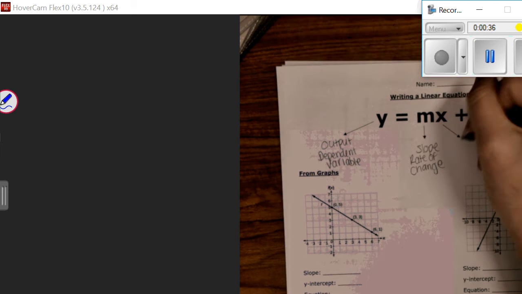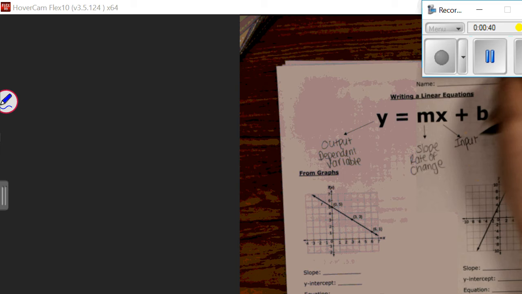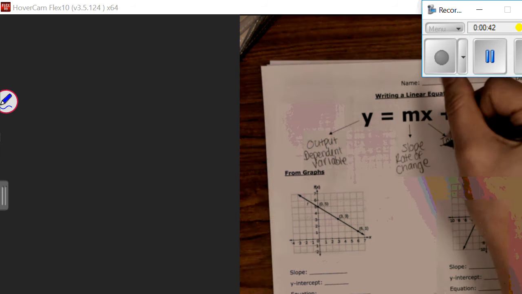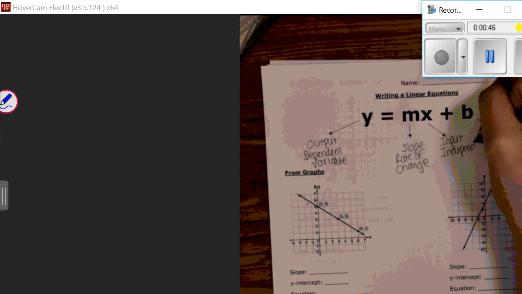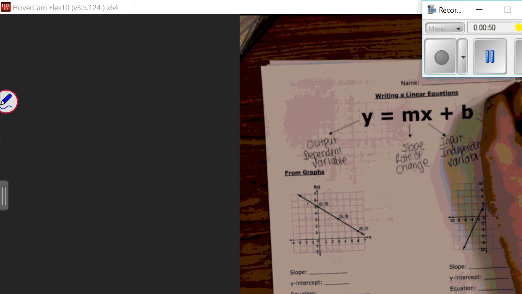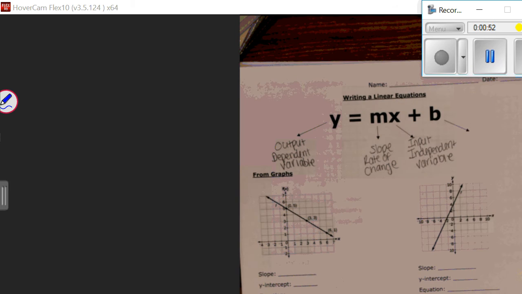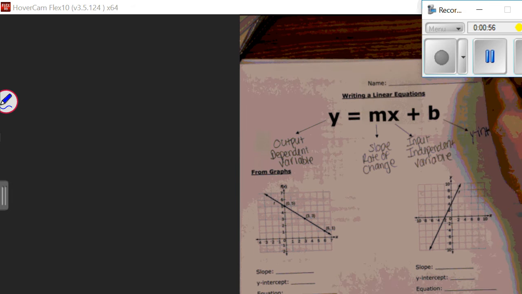Our x is our input or independent variable. And our b is our y-intercept.